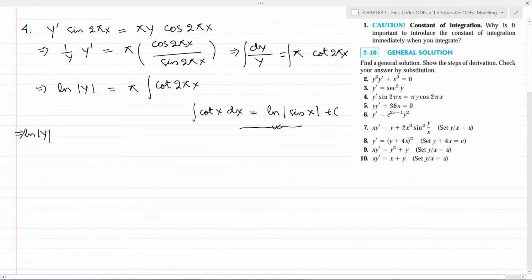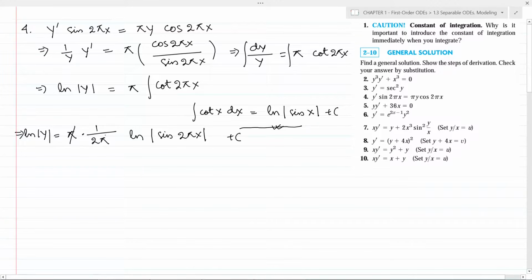and we can write this as ln y is equal to pi multiplied by 1 by 2 pi ln sin 2 pi x plus c.